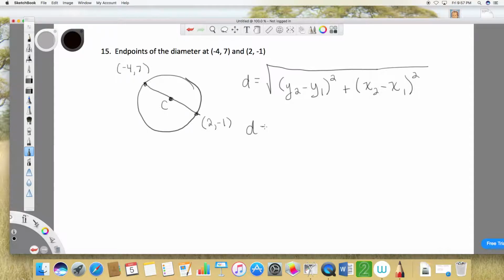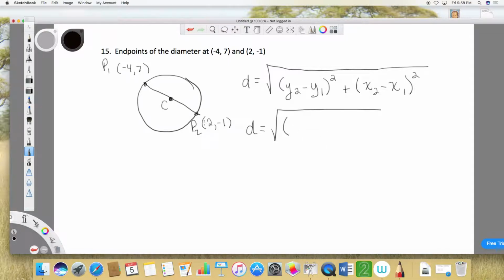And if we subtract our y values, if we label this point 1, label this point 2, it really doesn't matter which ones we call 1 and 2. It'll just help us keep straight. And even the order of subtraction is forgiving, because if you have a different order, it just changes the sign, and if you square it, you're going to get the same number anyway.